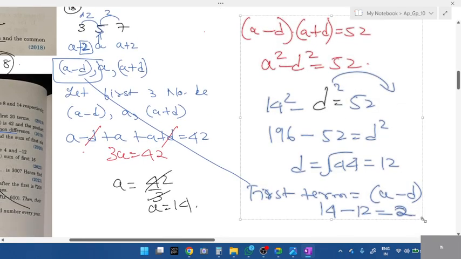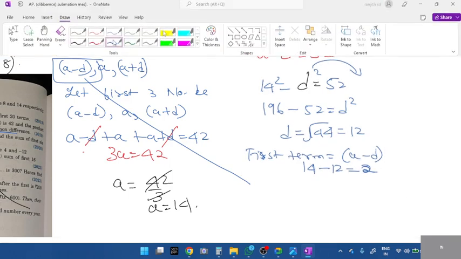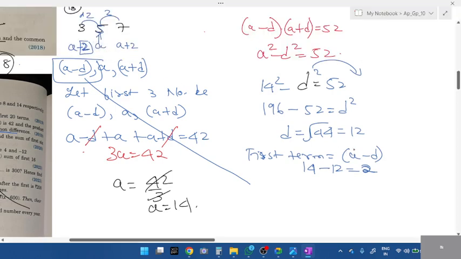And how do you find the common difference? Yes, the common difference will be the same. D will be the same. See, 2, common difference is 12.